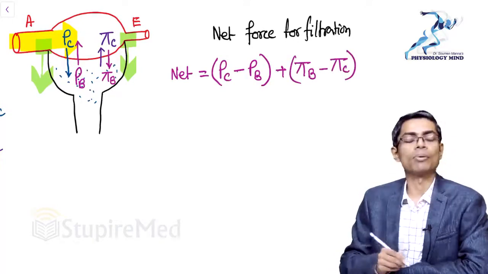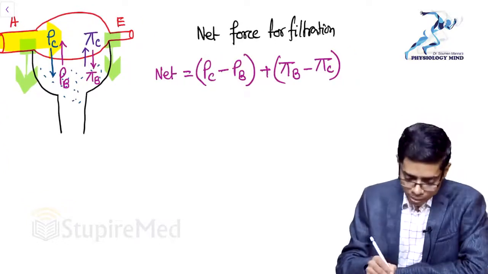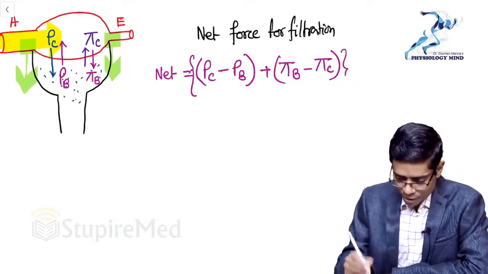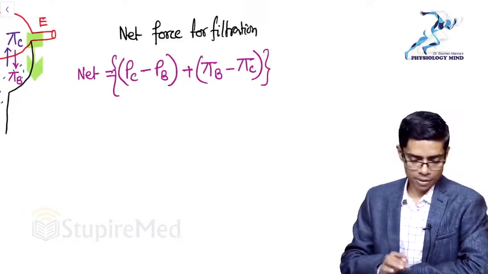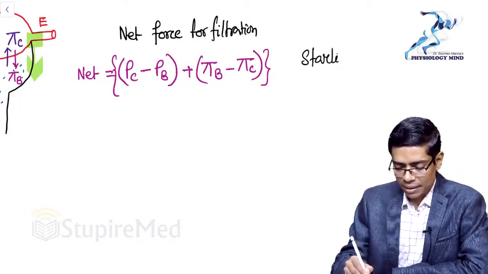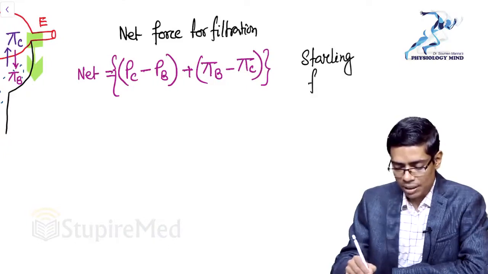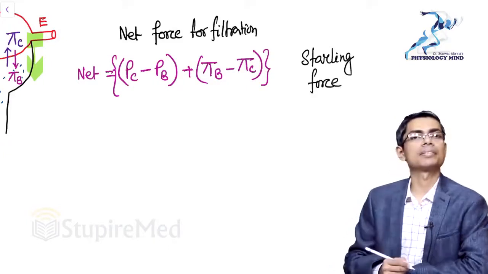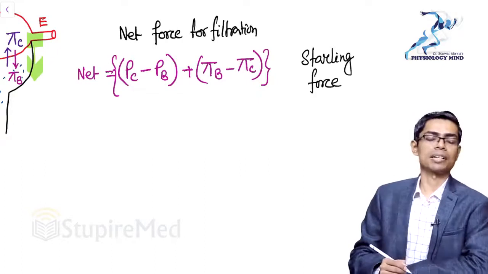So this is the net oncotic force. The combination of all of these forces is known as the Starling law or Starling forces, right?